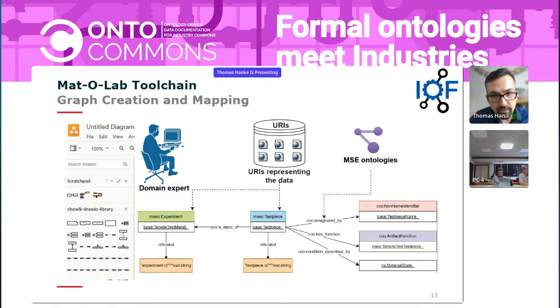So this is a slide trying to show how that graphs are built. The domain expert is actually using Draw.io, with predefined structures which represent individuals, and then you can just build a graph together which makes sense for this method, and put it on a web resource where we can actually access this by URI.